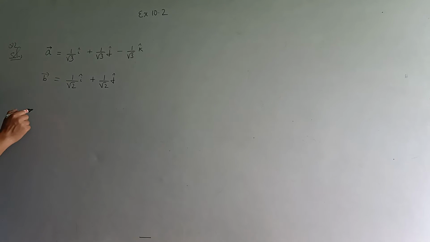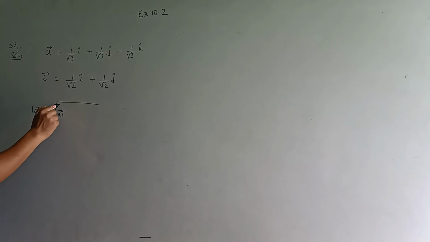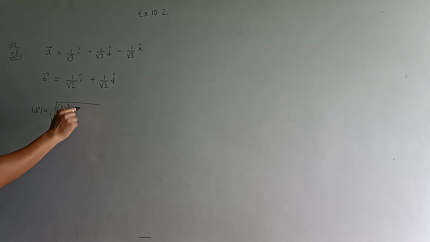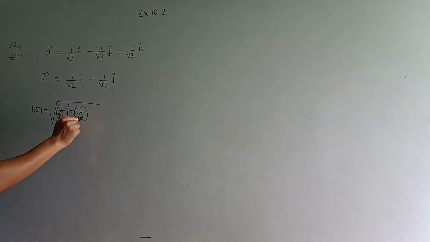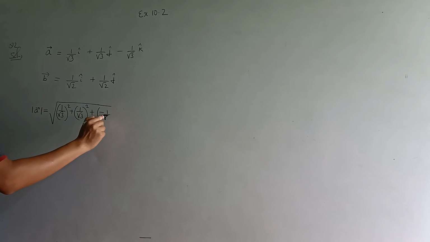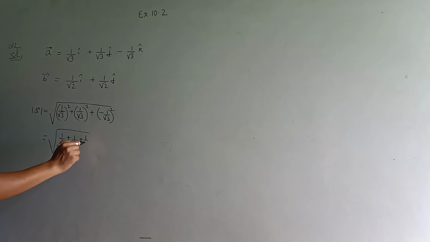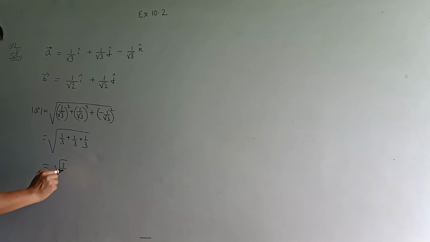Now, the magnitude of A means the square root of (1 by square root of 3) squared plus (1 upon square root of 3) squared plus the z component (1 upon square root of 3) squared. So this is 1 by 3 plus 1 by 3 plus 1 by 3. That gives you 3 by 3, which is equal to 1, square root of 1, that is 1.